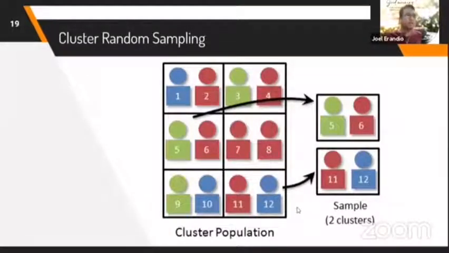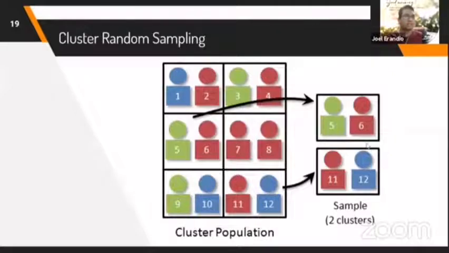And the fourth one, the cluster sampling, sometimes called area sampling. It's a bit similar to stratified random sampling. The only difference is after you divide the population into subgroups, in cluster sampling, you randomly select groups, or depende minsan, let's say two or three, depending on the volume or your computed sample size.